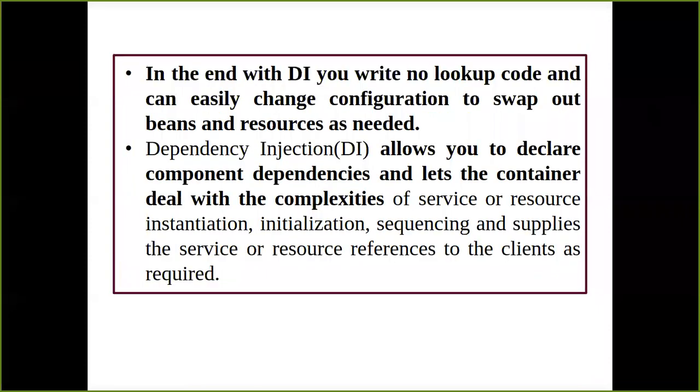In the end, as I told you, with dependency injection you don't need to write a lookup code as you have to in JNDI. You can easily make changes by swapping out your beans and the resources as needed.